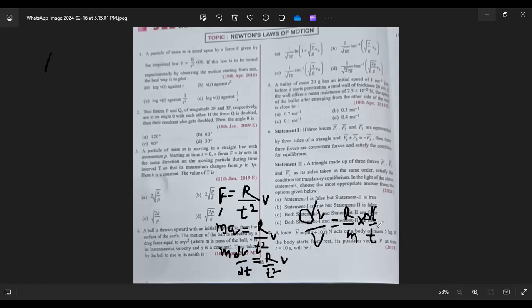On integrating this, you know the formula, integral of 1 upon x is equal to log x.